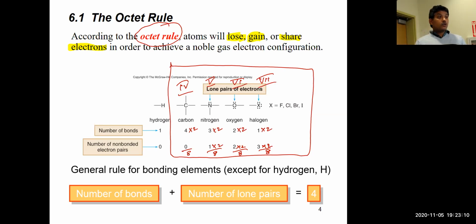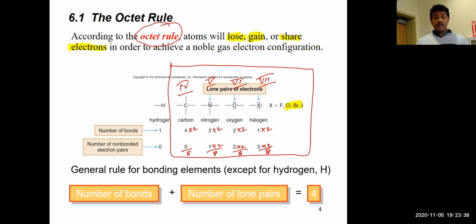Sometimes you're going to see halogens, especially chlorine, bromine, and iodine, which fall under exceptions that we are going to talk about at the end of the chapter. They will not necessarily have 1 bond and 3 lone pairs. Sometimes they will have more than one bond and fewer lone pairs, like 3 bonds and 1 lone pair, or 2 bonds and 2 lone pairs.